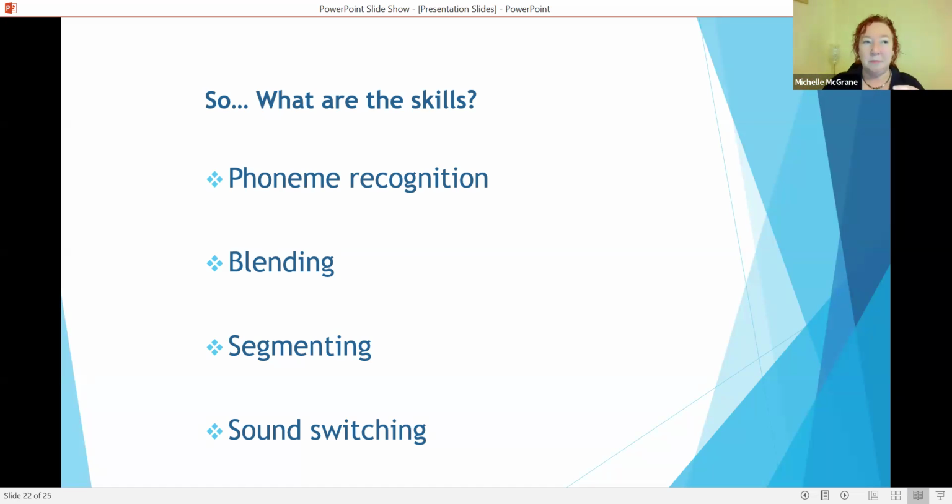Sound switching is the ability to quickly take out one sound and try another sound. So, for example, man to min, to men, to mun, to mat, to mac, to mad, just keep changing one sound. It's an absolutely crucial skill when it comes to the point where a learner is reading more advanced words.